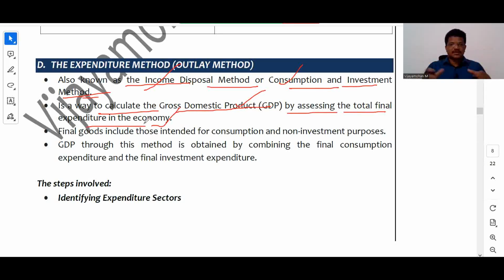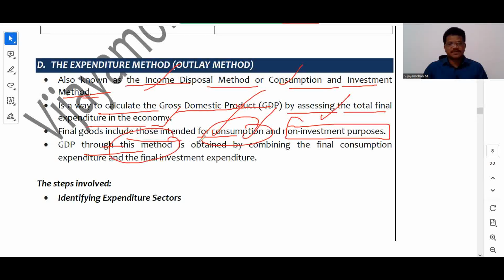So I already told you with the diagram of circular flow of income that ఇదేంటంటే టోటల్ ఎక్స్పెండిచర్ ఎంత జరుగుతుంది ఎకానమీలో అని అగ్రిగేట్ చేయడం ద్వారా వీఆర్ క్యాలిక్యులేటింగ్ ది గ్రాస్ డొమెస్టిక్ ప్రొడక్ట్. ఓకే, ఫైనల్ గూడ్స్ ఇంక్లూడ్ దోస్ ఇంటెండెడ్ ఫర్ కన్సంప్షన్ అండ్ నాన్ ఇన్వెస్ట్మెంట్ పర్పసెస్. ఫైనల్ గూడ్స్ ఆర్ those which are intended for consumption purposes and non-investment purposes.